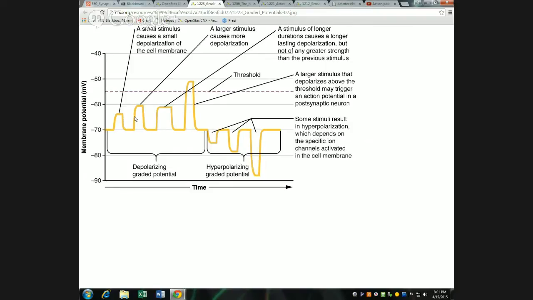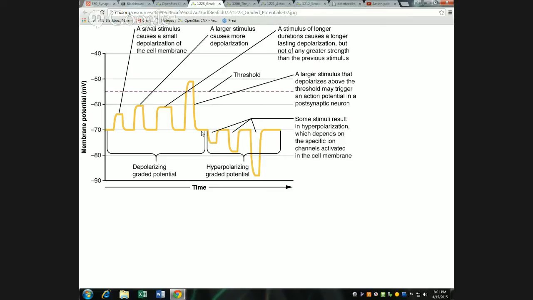This is a 10 millivolt depolarization. They happen at the same time, they'll add up to a 16 millivolt depolarization. And so by summating, we can get to threshold even with seemingly weak stimuli that are giving us these potentials here. By adding together graded potentials, we can get to threshold.